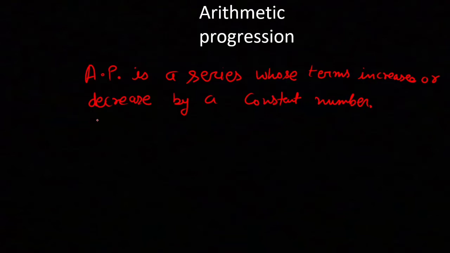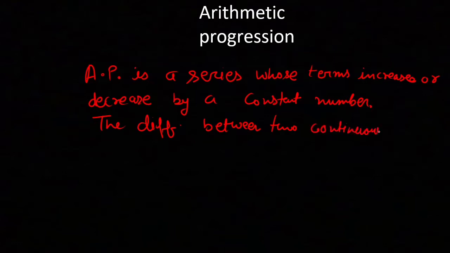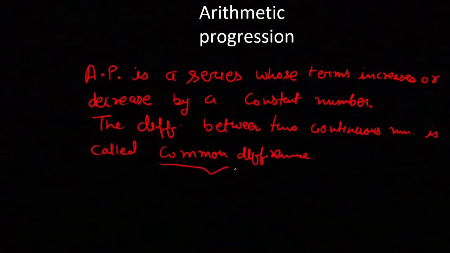The difference between two continuous numbers is called the common difference of that series. This is very important: we represent the common difference with d.